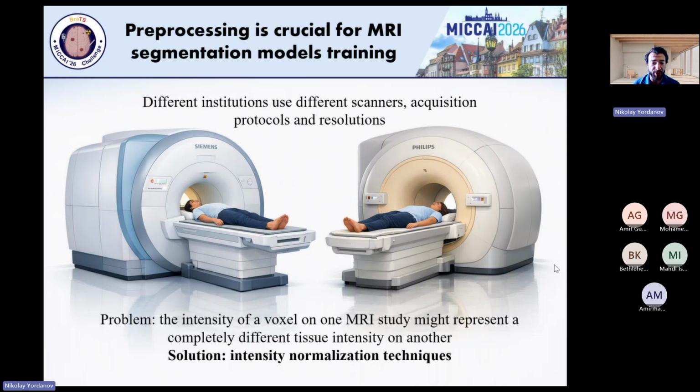And what is the solution? We need to pre-process the data so that it comes in a standardized way for the brain tumor segmentation model to train itself. The solution is intensity normalization techniques, and we'll be diving deeper into those tomorrow. But it's important for you to know that this is a crucial step in the pre-processing of MRI data.